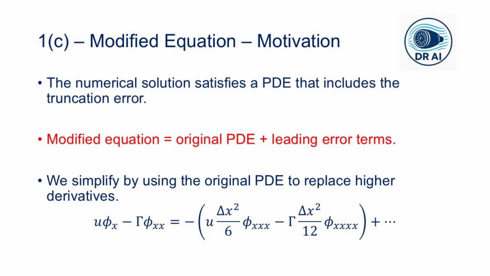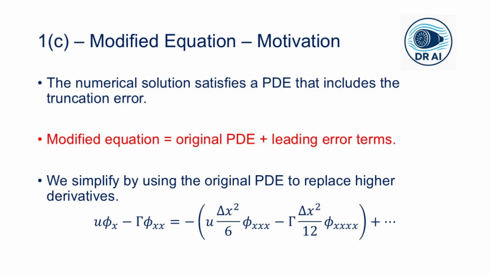For instance, whether it introduces artificial diffusion or dispersion. So we start from the equation as written here, u phi x minus the coefficient times the second derivative of phi equals the expression on the right as displayed.